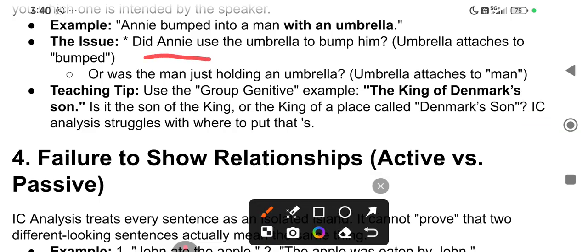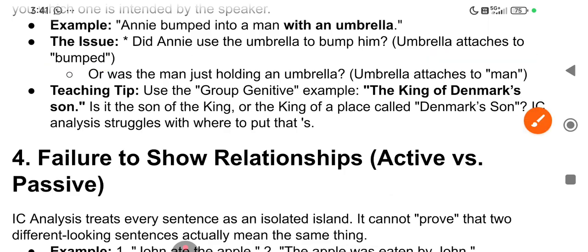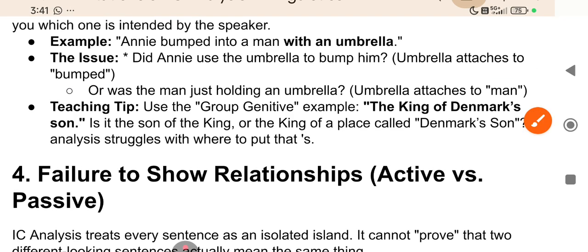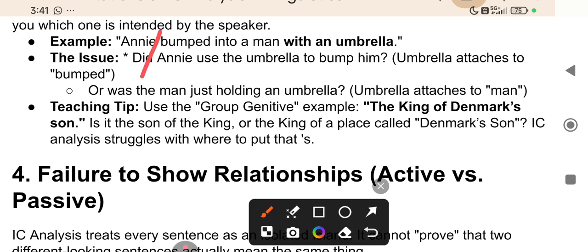So Any, who has the umbrella? Any or the umbrella attaches to bumped or the man. So the umbrella attaches to bumped, because when you analyze the sentence, you have Any, then bumped into, a man, and with the umbrella, that's a prepositional phrase.